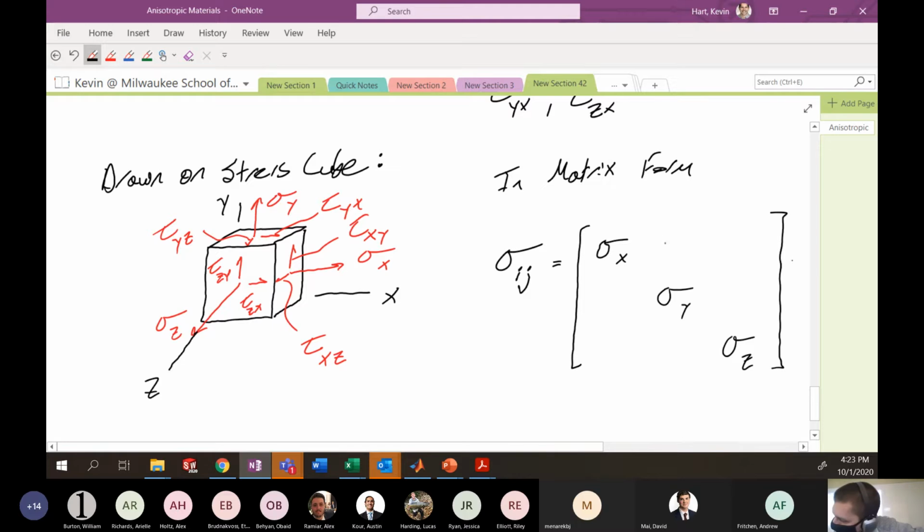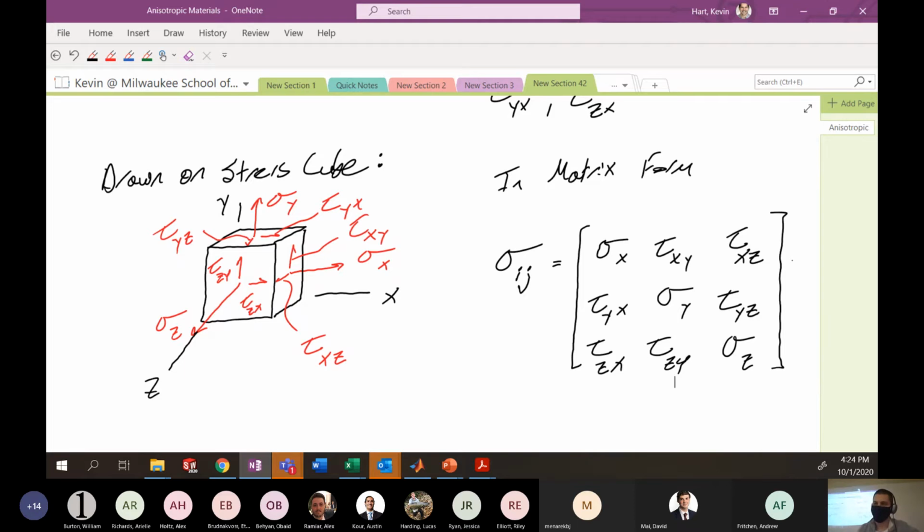And you got the shear stresses in the rows. Okay, hopefully you've all seen this before.